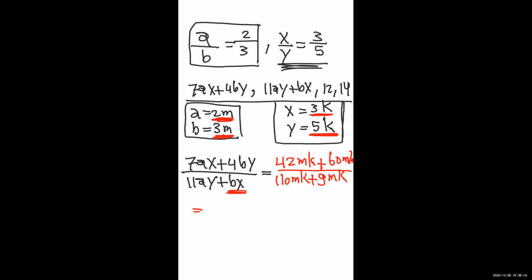Now it will equal 42mk plus 60mk, so 102mk over 110mk plus 9, so 119mk. Then simplify it. So now we can remove mk and mk, and then we will simplify these two terms.